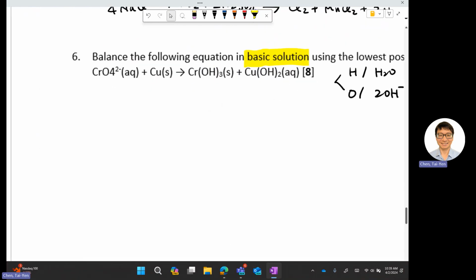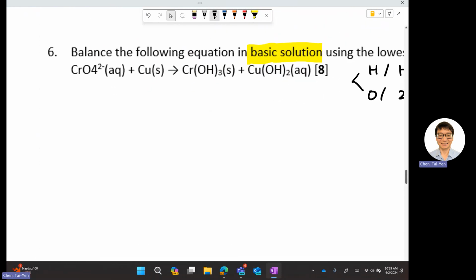Okay, so let's look at this equation first to figure out the oxidation number of each different species. CrO4 2 minus, you have 4 oxygens. That's actually -8, right? The overall charge is negative, which means your chromium is +6. Cu is a monoatomic species in its neutral form, therefore the oxidation number will be 0.